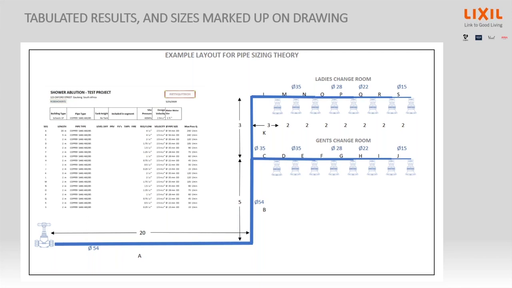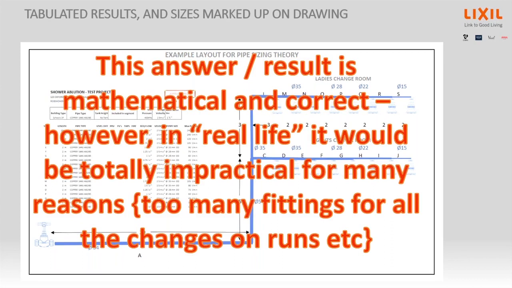The last thing we did is we worked out the exact size with total flow at an exact velocity and accommodating an exact friction loss. What we ended off by saying is that the result was completely mathematically correct, but as plumbers, we would know it would be totally impractical to do things like that.